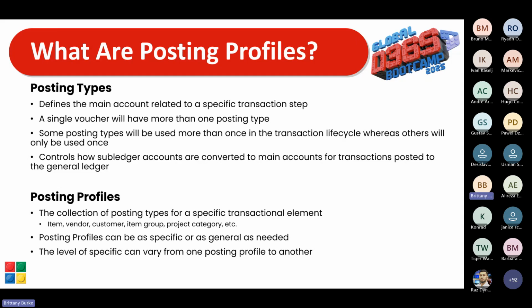Your posting profiles can be as specific or as general as needed, and I'll illustrate that in a few minutes as well. And then the level of specificity can vary from one posting profile to another. So maybe for items, it's pretty vague, whereas for customers, it's very granular. Usually it's the opposite, but it can be set up any way that's needed.